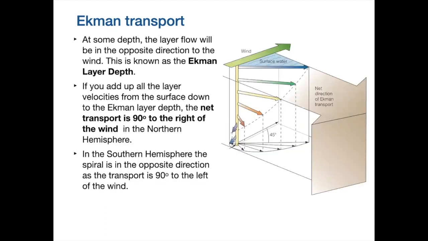So the depth at which the current is going in the opposite direction to the wind is known as the Ekman depth. And the layer of water above that, so within the spiral, is known as the Ekman layer.